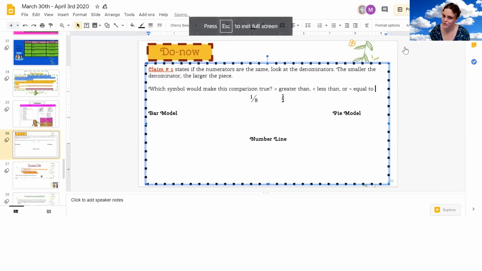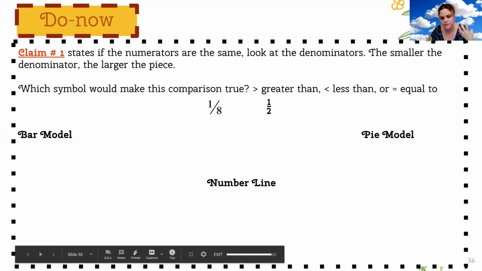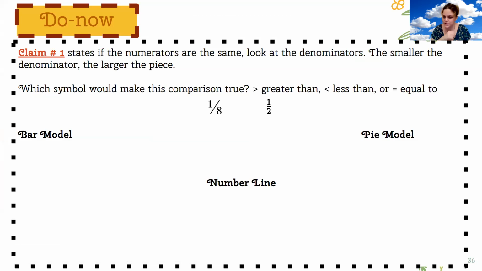And so the two fractions we're comparing are 1/8 and 1/2, and you're gonna give yourself some space. Of course, it's not the same on my computer screen. It doesn't give me as much space as maybe you have in your notebook, but we're going to compare it using the claim, but then we're gonna use 3 different models to make sure that we're correct with the claim and that the claim does make sense. So pause me now so that you can write it down in your notebook.